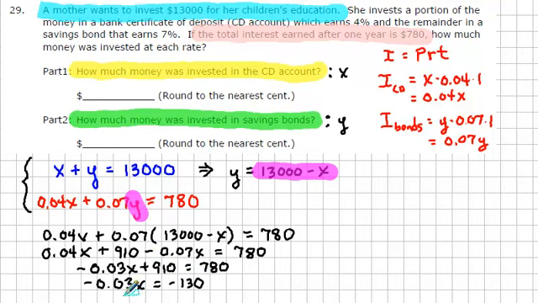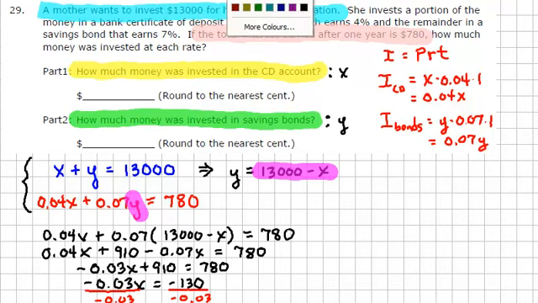And then finally divide both sides by negative 0.03. I'm going to use a calculator to do the division.